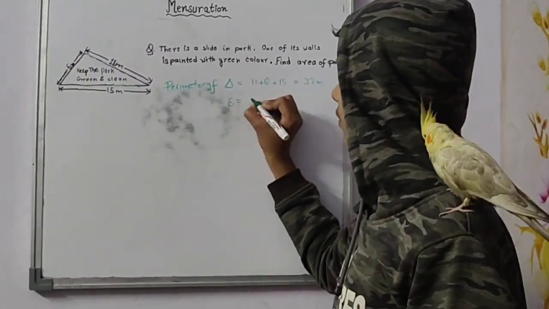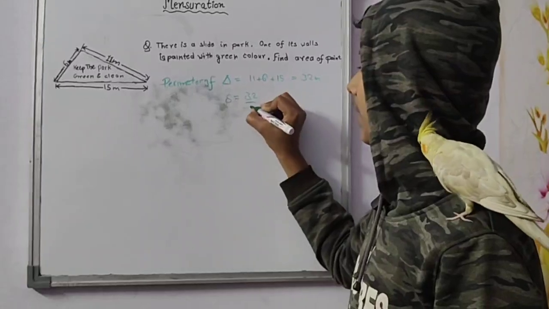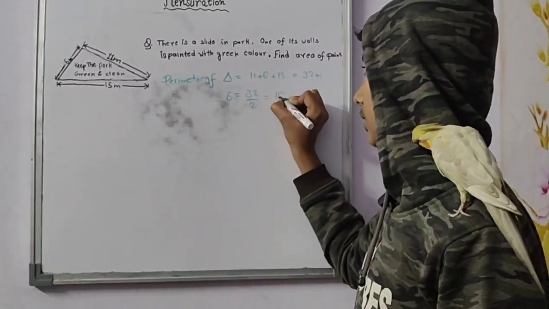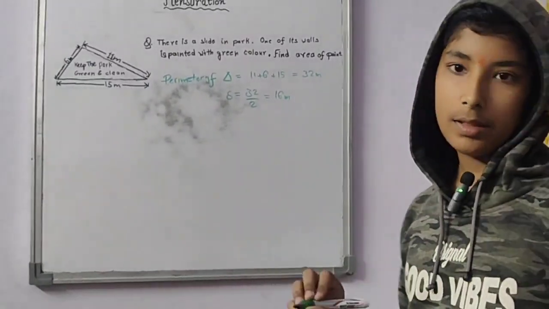So S equal to 32 by 2 equal to 16 meter will be our S.